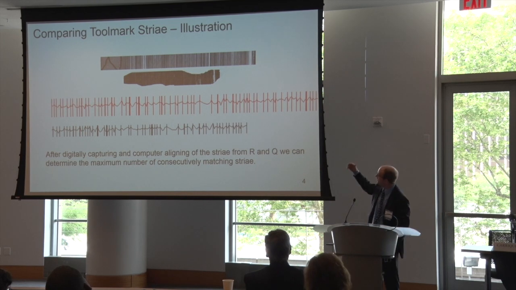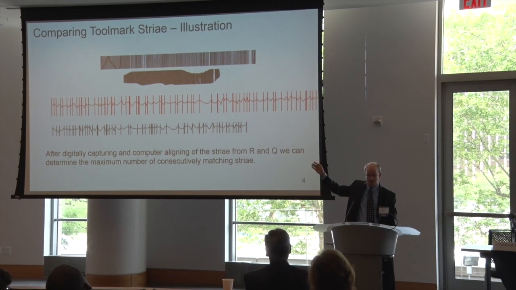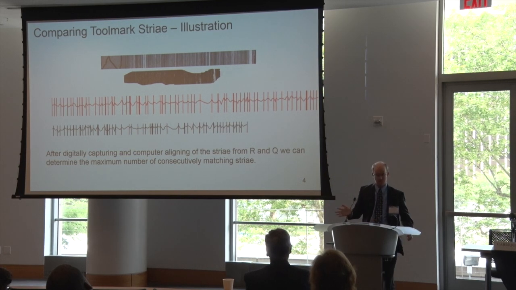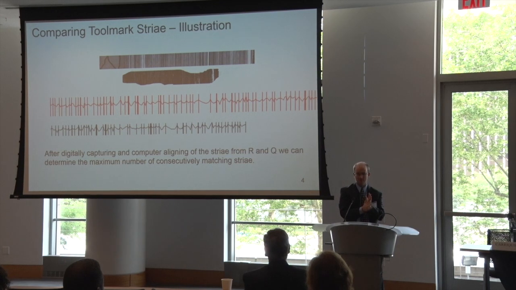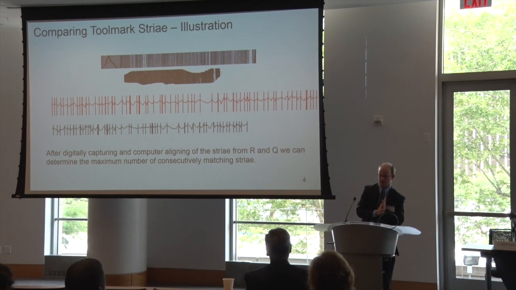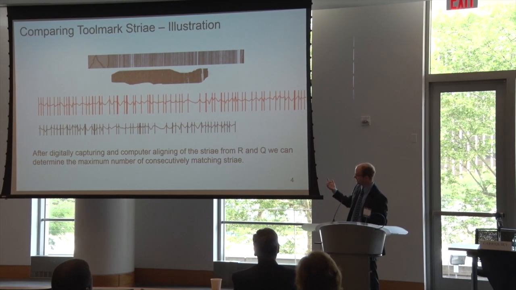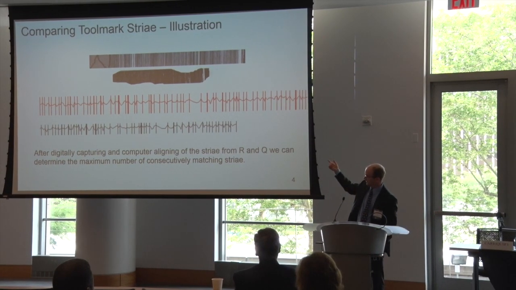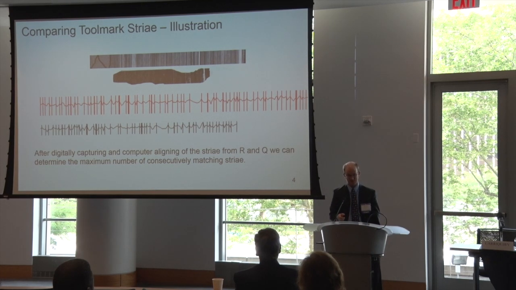If you had characterized those patterns in this way, you could ask a computer to do registration, scanning across the different potential alignments and looking for what orientation produces the greatest correspondence. Here, by greatest correspondence, the metric used is just the maximum number of consecutively matching stria.